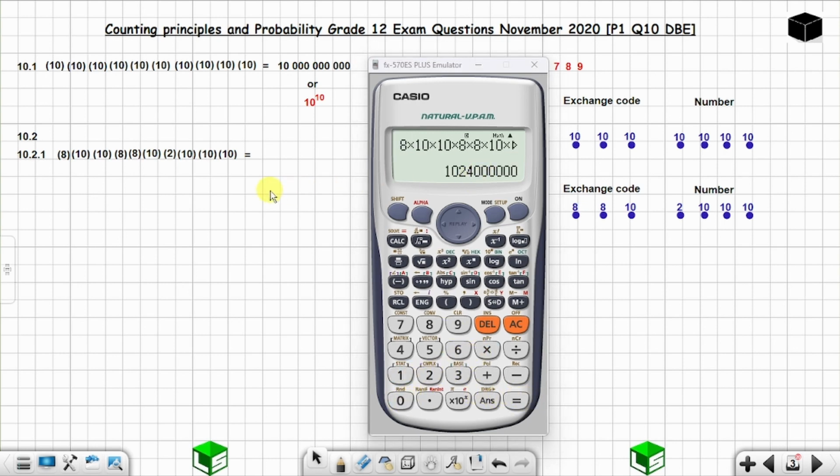So this is what you have. Or you can give your answer in scientific notation like this: 1.024 times 10 to the power of 9.